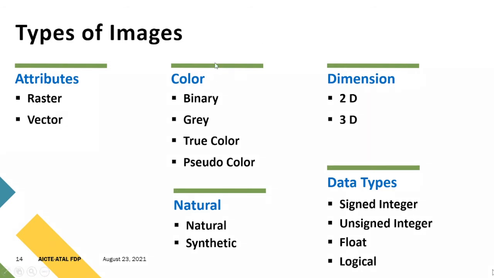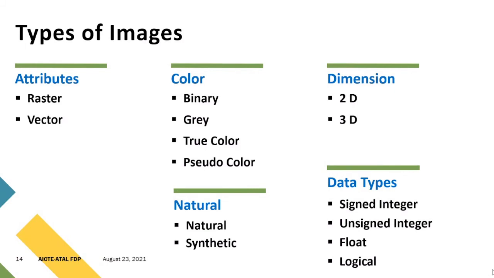Next type of classification is classification based on color. Based on color, your image may be a binary image. Binary, you are aware, is 0 and 1 only. So in color classification, binary means either 0 or 1, which could be represented as black or white.